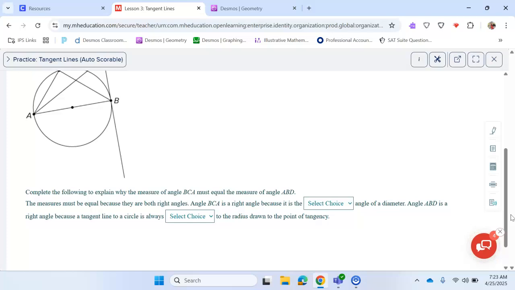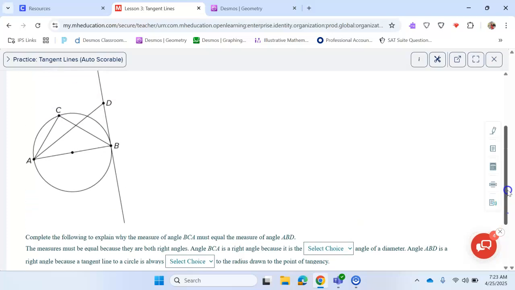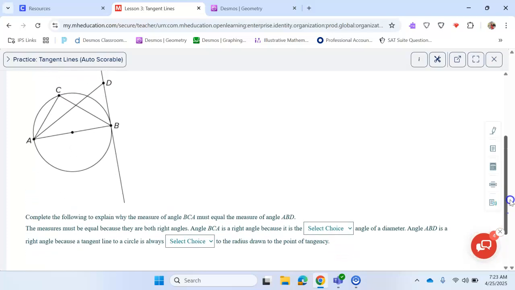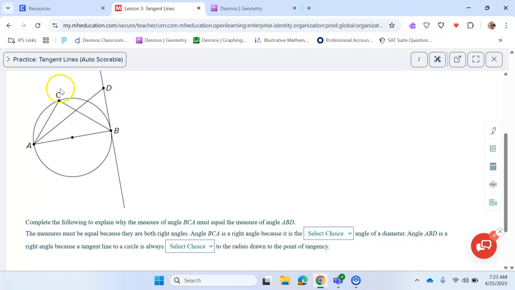Angle BCA is a right angle because it is the inscribed angle of a diameter. So ACB, is that right? Or they call it BCA, same thing, is an inscribed angle of the diameter.